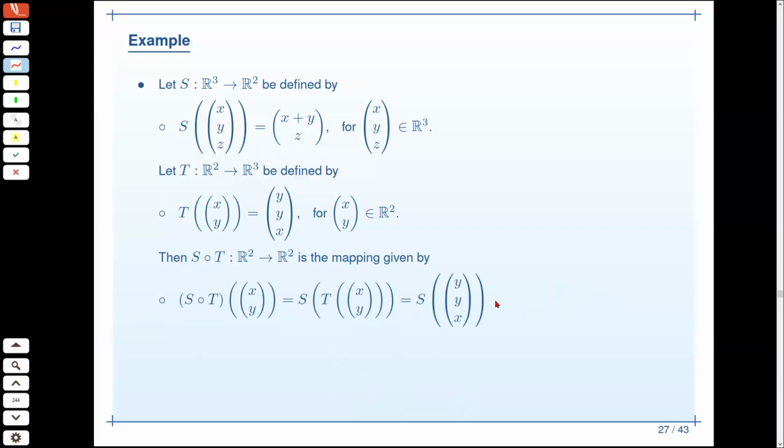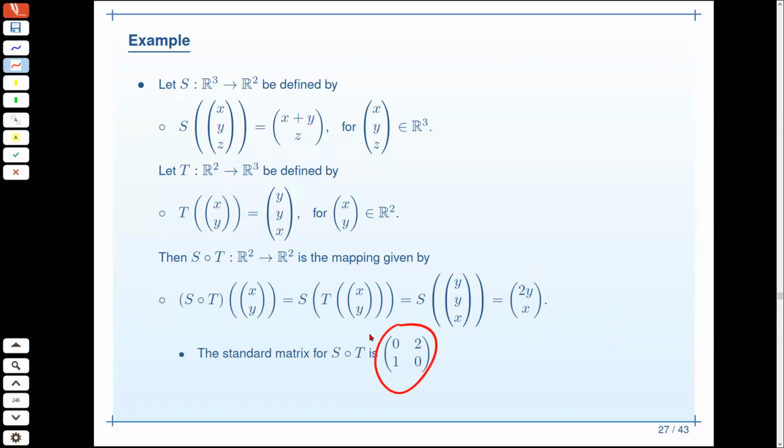Now look at this. We have two components. The first one is the sum of the first two, y plus y. The next one is just a copy, so it is 2y, x. You can see easily that the standard matrix is 0, 2, 1, 0.